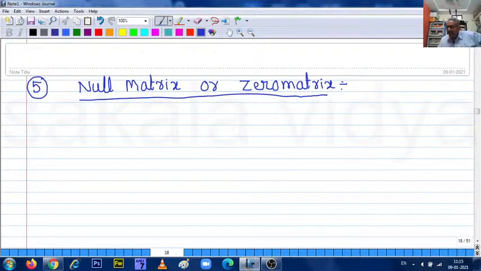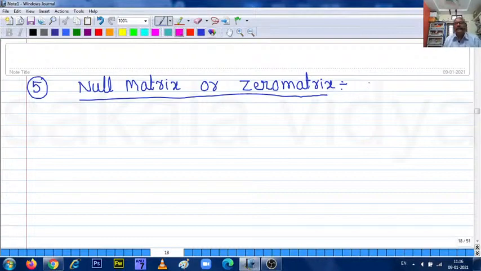A matrix in which all the elements are equal to 0 is called a null matrix or zero matrix. All the elements are 0. Very good. Generally the null matrix or zero matrix in this chapter is denoted by the letter O, but its type or order will change from problem to problem. It is also called the additive identity.